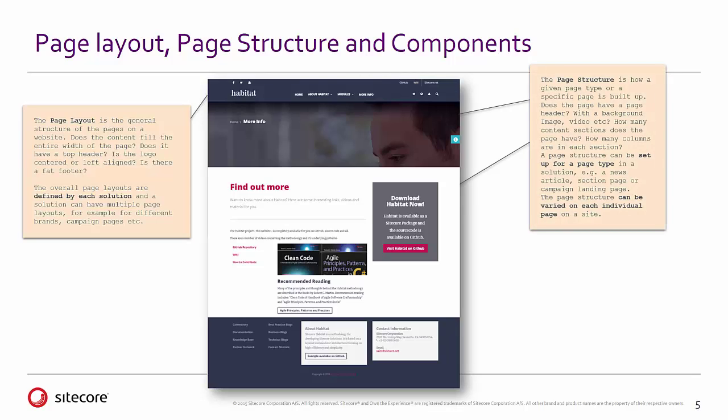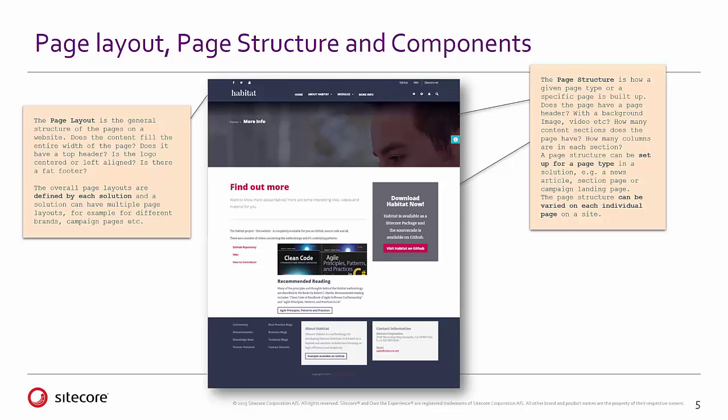The second thing is page structure. A page structure is something that is defined typically per page type. So an article page like this example, or a news page, or a section page, or a person page, or a team member page. We'd have a specific structure for that kind of page. And the structure has to do with all the content in the middle, so below the header and above the footer. So how is the page header set up?